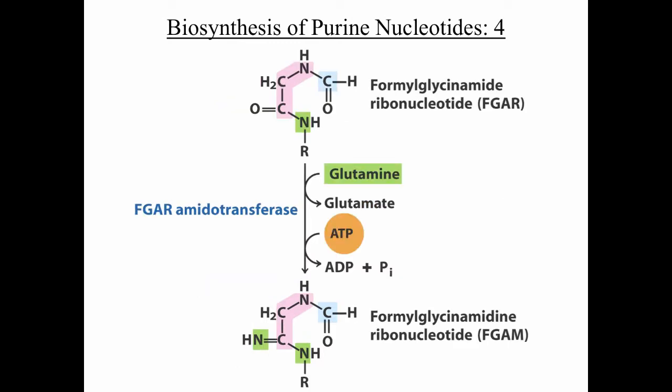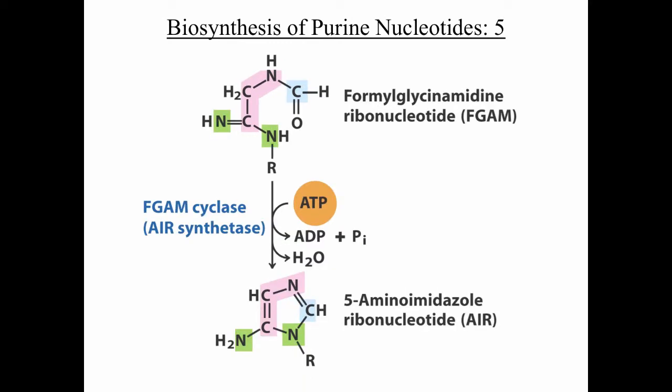In the next reaction, we have addition of another amino group. So this is going to be coming from glutamine. So at this carbon here, an amino group is going to be attached from glutamine. In the next step, we essentially have all of the molecules that we need to make the 5-membered ring of the purine.